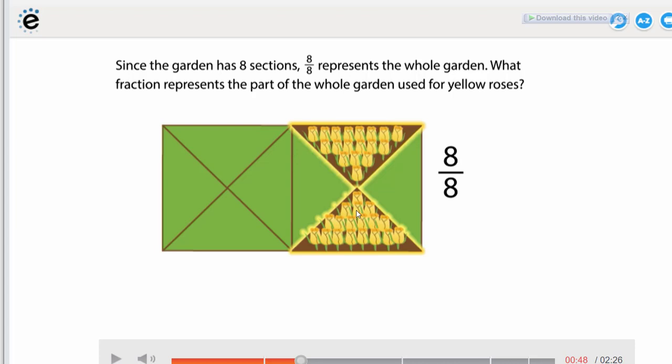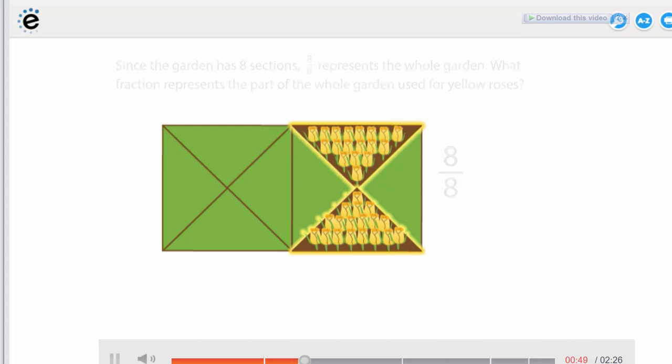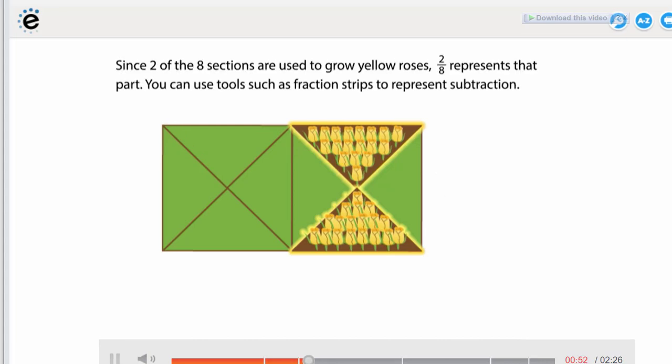Yellow roses. This one and this one. So it's only 2 sections. And the total is 8. So the fraction is 2/8. Excellent. Wow, I like your answer. Thank you, my hero. Since 2 of the 8 sections are used to grow yellow roses, 2/8 would be the fraction that represents that part.